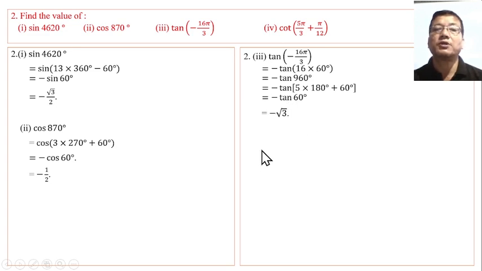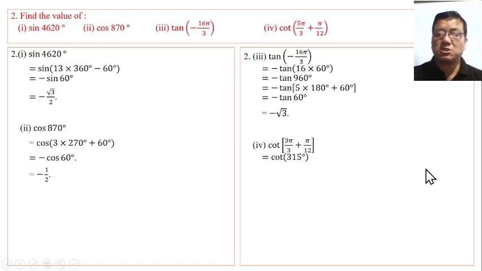Then 60 degrees is pi by 3, common to 5 pi by 3.